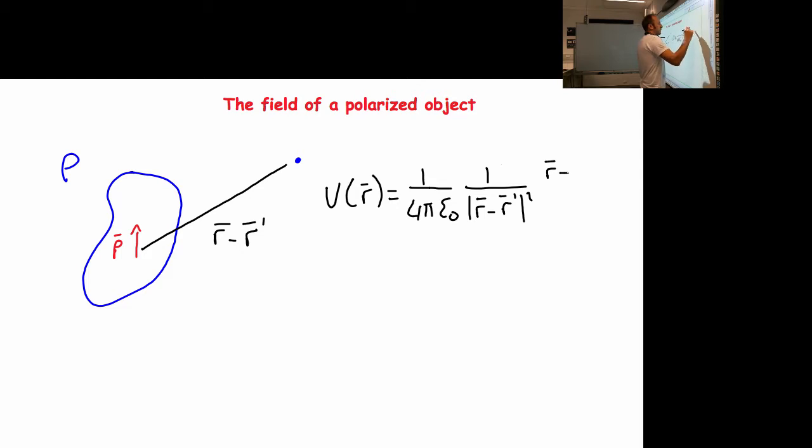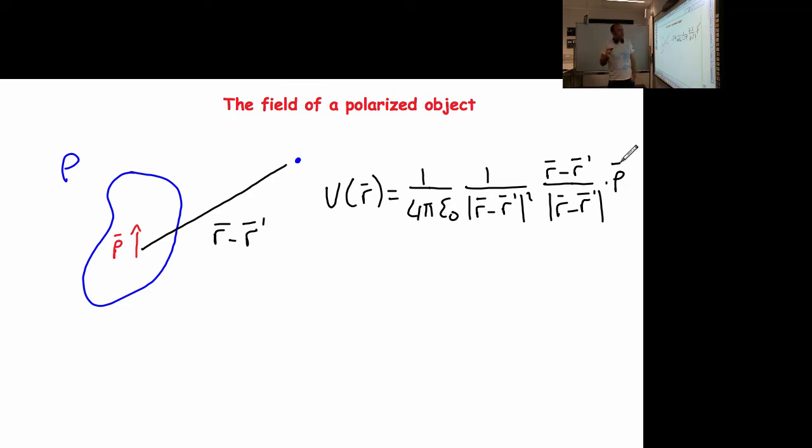I'm going to write this out explicitly: r minus r prime divided by the magnitude of r minus r prime, dot the dipole moment. Okay, so this is the potential due to just one dipole moment.